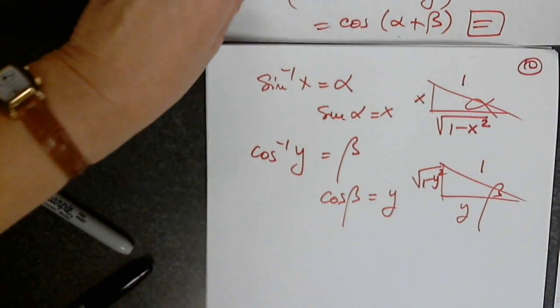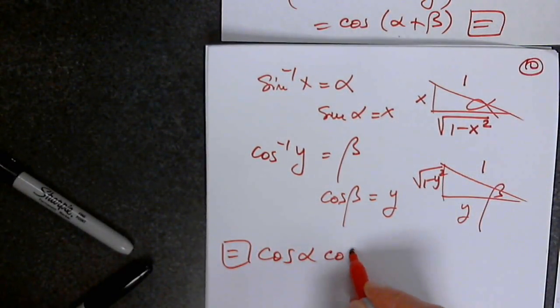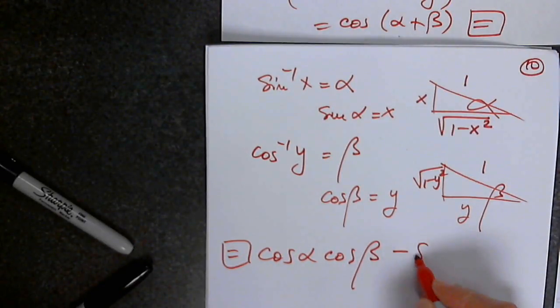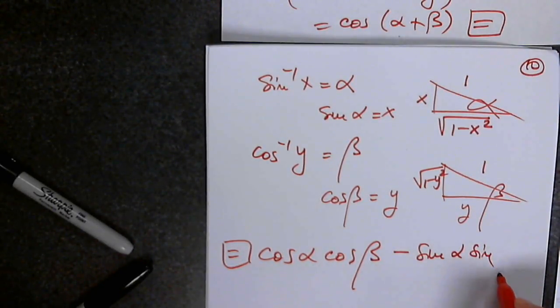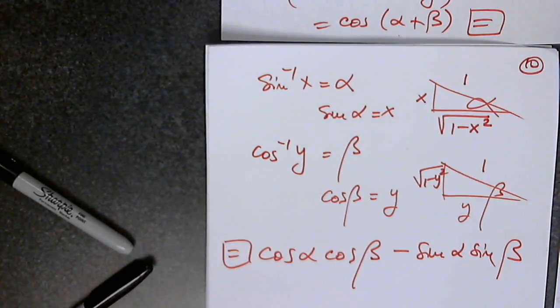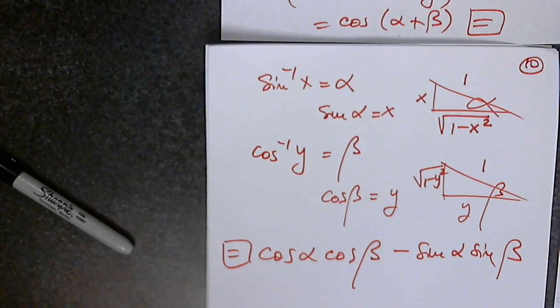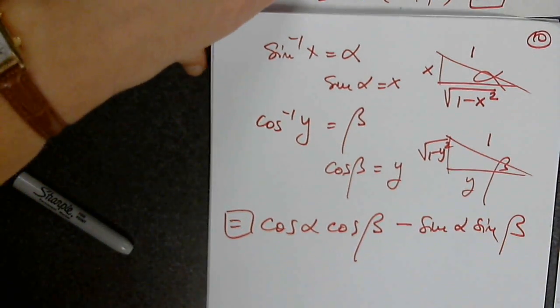So when I continue it, I have to write cosine alpha, cosine beta minus sine alpha, sine beta. Is this clear? And now I have to put all the pieces together. I have them right here in front of me, but I just have to put them in this formula.